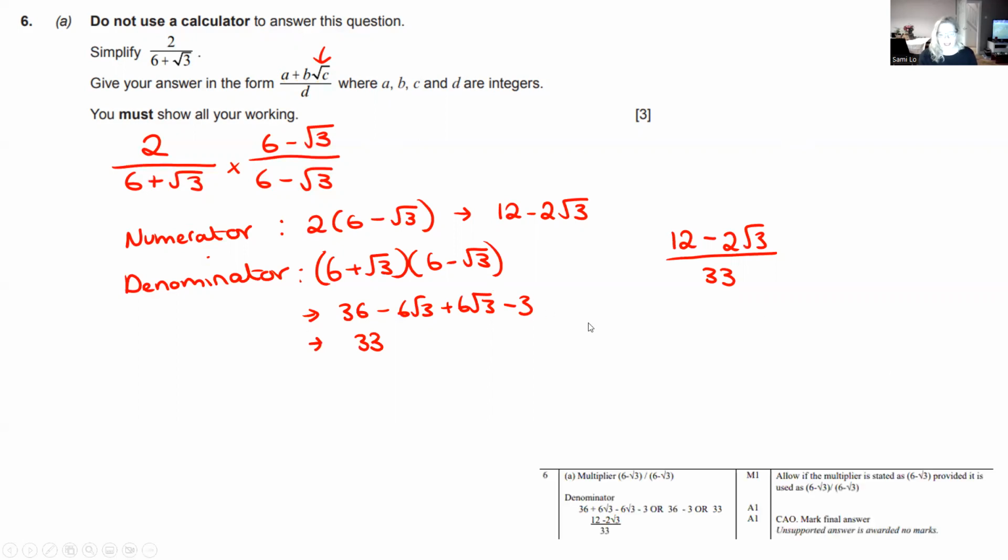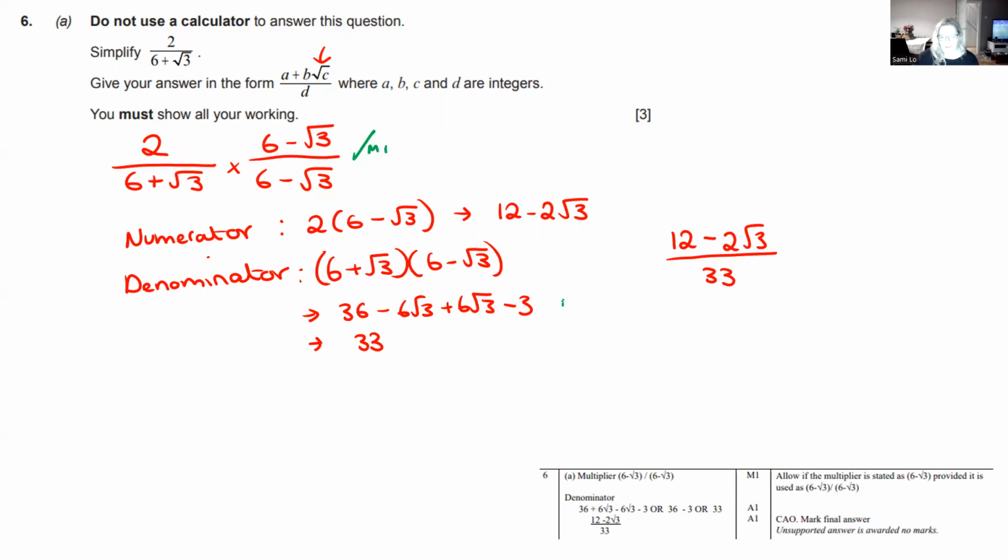Okay, answer scheme, mark scheme, I should say. So knowing that we've multiplied it by 6 minus root 3 on top and on bottom, that would give us our first mark. So that was our M1, just so you know where that's come from. Then we got a mark for showing our workings for the denominator.